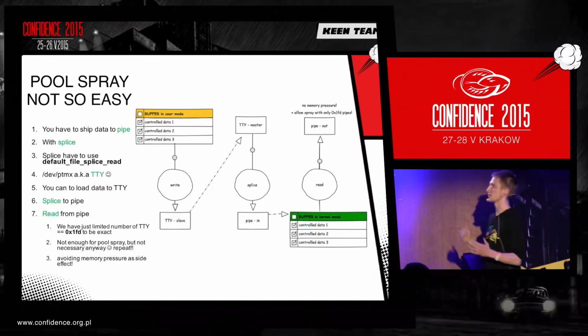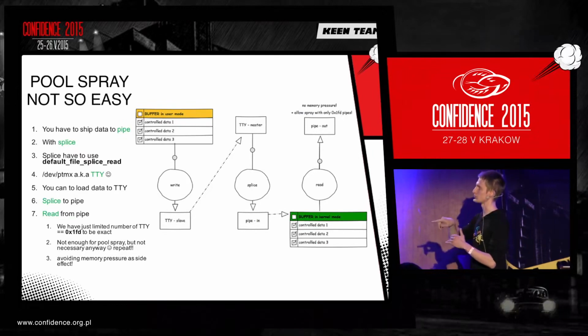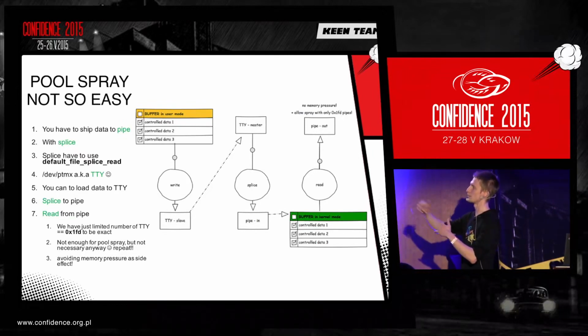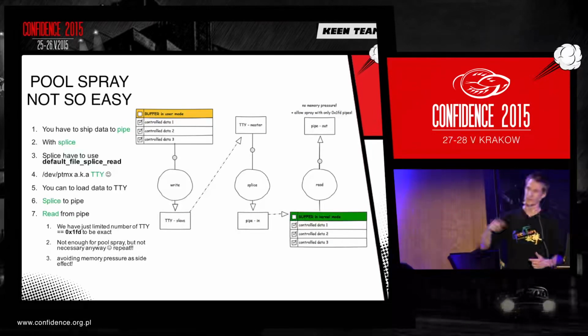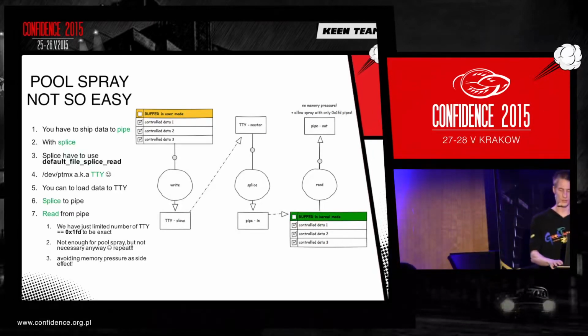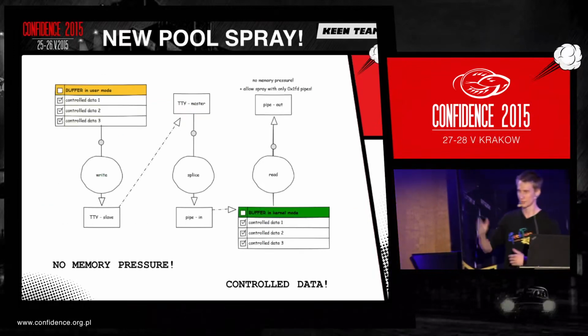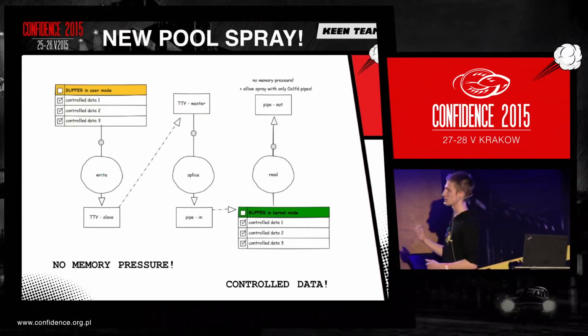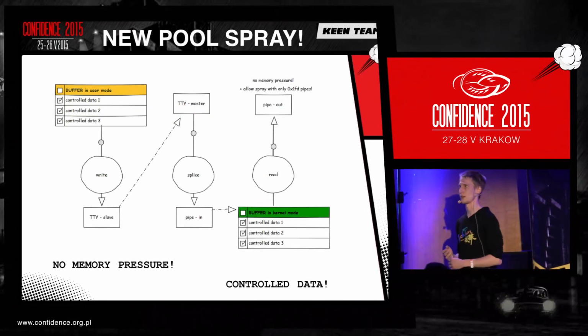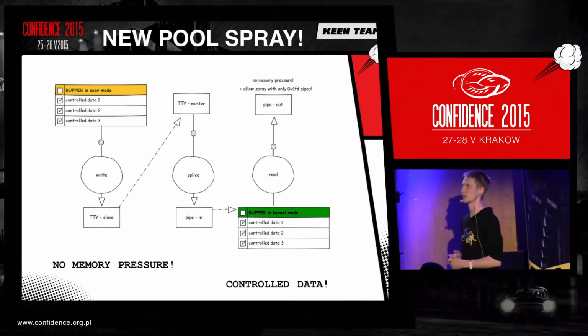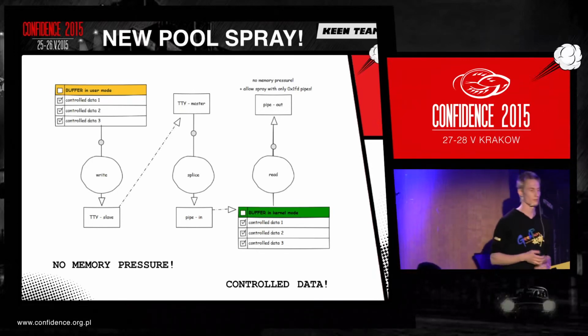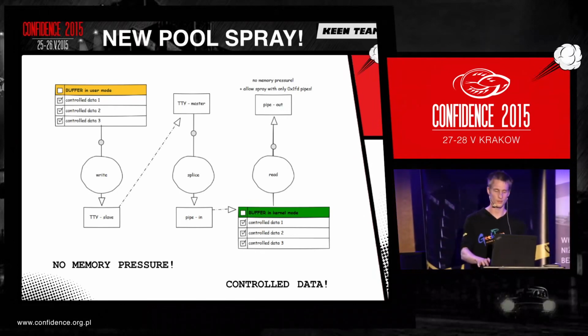And for this, we just use pipe, splicing to write to TTY, then splice to pipe, and we got it. And we repeat it many times. We write for a few seconds, and we get sprayed memory. And it's really lightweight, because you just use about, let's say, 512 pipes, and it's no big memory pressure, but you fill all kernel with your pattern.